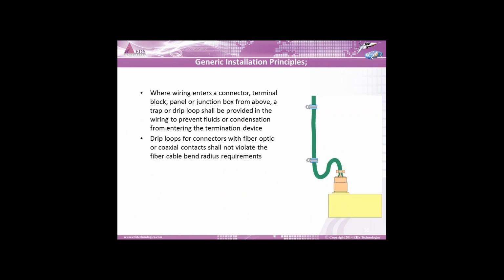So this is a general installation. Drip blocks: you can see that with some of the connectors, due to weight itself, they can plug up. If the cable weight itself is more, it can plug up. So it's very important that we ensure it is fastened properly.